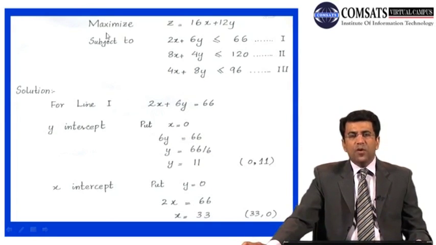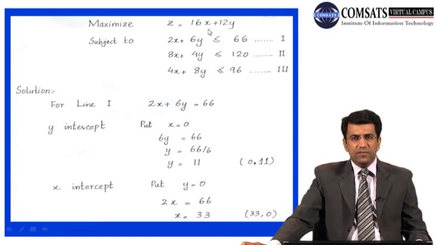This is the profit maximization function, in which we are interested to maximize this particular function, or in other simple words, we are interested to find out the value of the decision variables, which are x and y in this case, which can maximize our total profit.